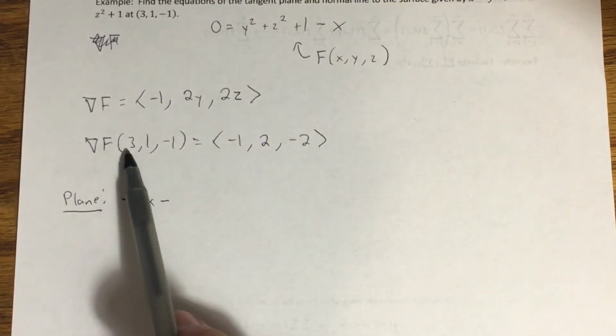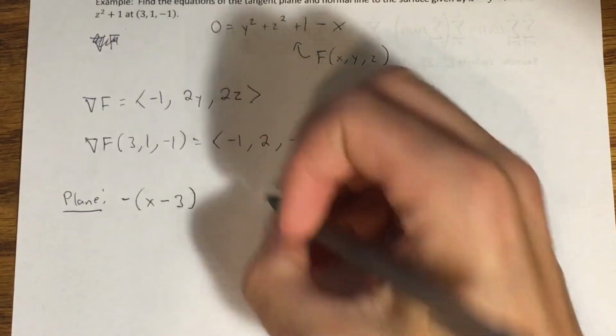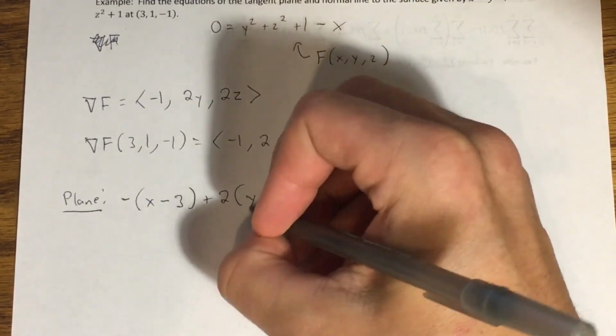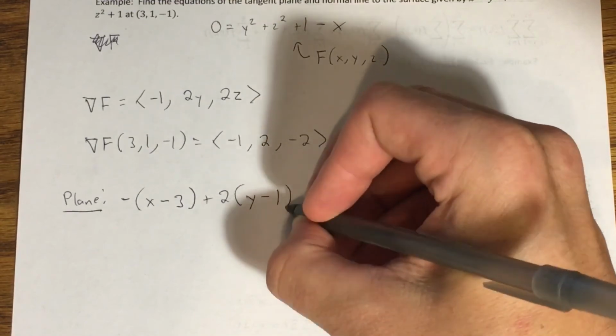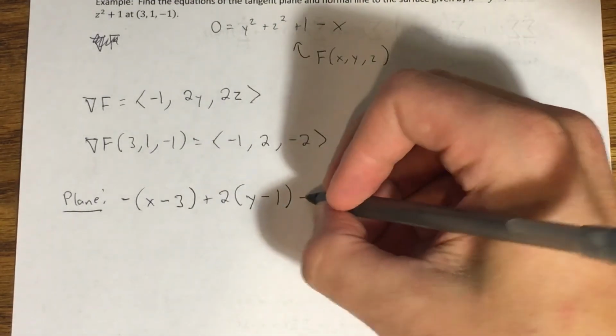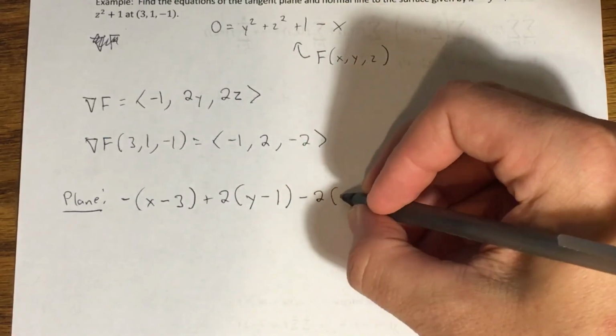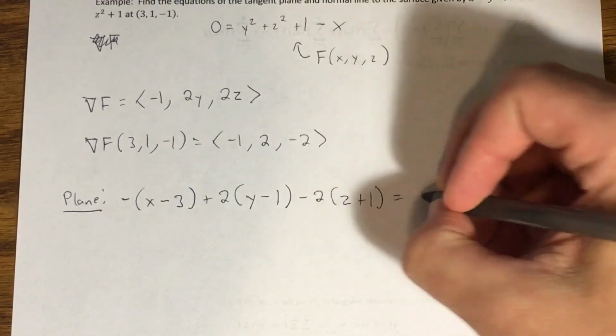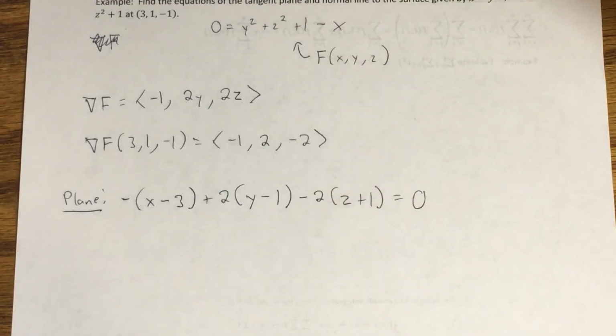What is x naught? It's 3. Plus 2 times y minus y naught, which is 1, plus -2, so let's write that as -2, times z minus z naught, which is z plus 1, and that's equal to 0. So that's the equation of my plane.